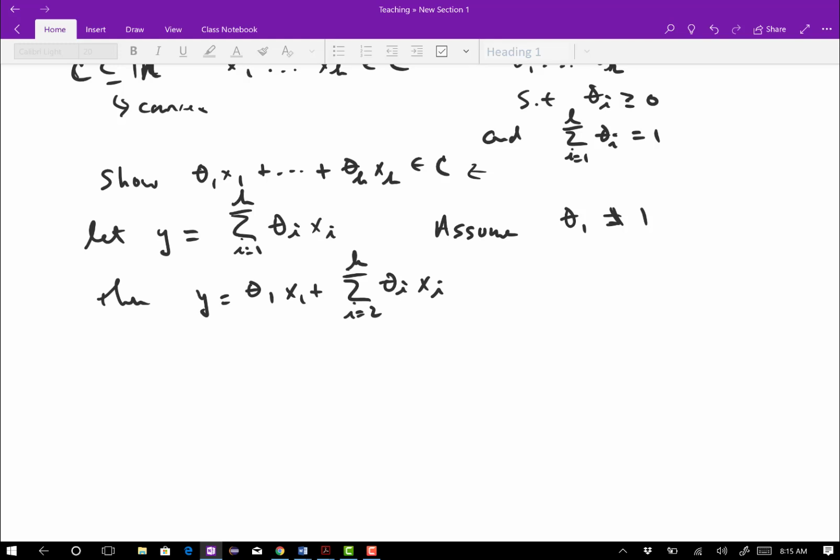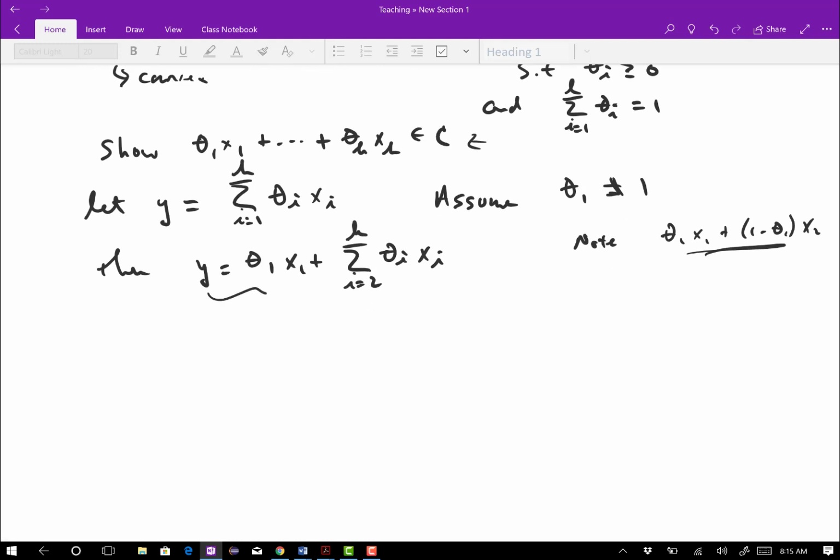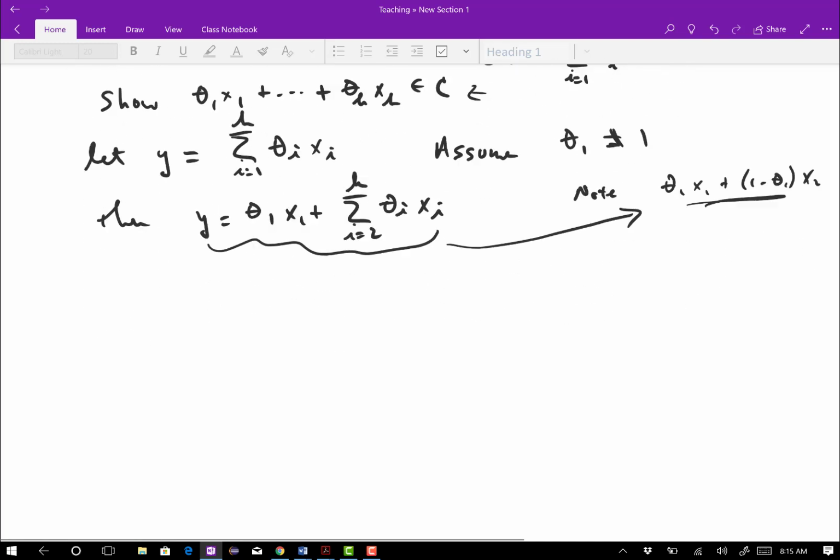So now what we've done, keep in mind, note off to the side here, that if C is convex and I have two elements of C, say x1 and x2, then theta 1 x1 plus 1 minus theta 1 x2 is in C. This is the definition of convexity. So what we want to do is we want to show that this is actually this form. That's the strategy that we're using to do this proof.